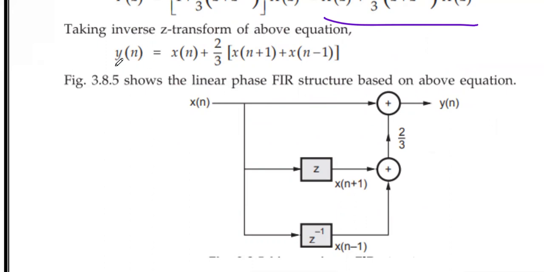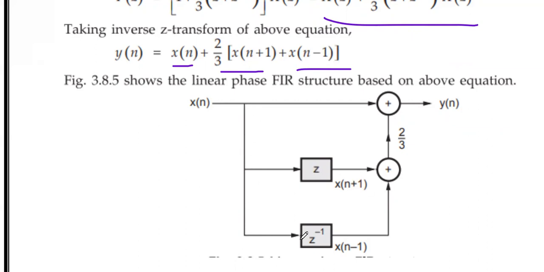So you see the output Y is obtained by adding the 3 terms. Okay, so first X of n is given to the first adder. Then we have to use 2 delays. Okay, one is n minus 1, another one is n plus 1. So when X of n is given to Ez, we can get X of n plus 1.